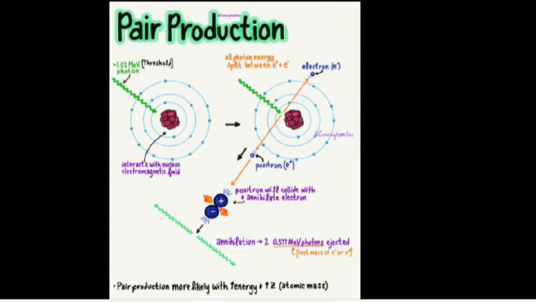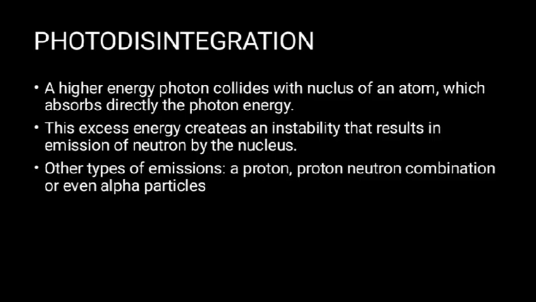This is the diagrammatic representation of pair production. The pair of positron and electron produced will annihilate each other and a conversion of mass into energy will happen, which is E equals mc squared. Now comes photodisintegration. When a higher energy photon collides with the nucleus, the excess energy creates an instability that results in emission of a neutron by the nucleus.